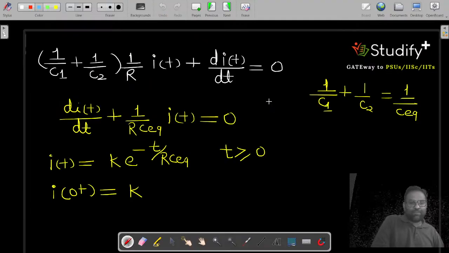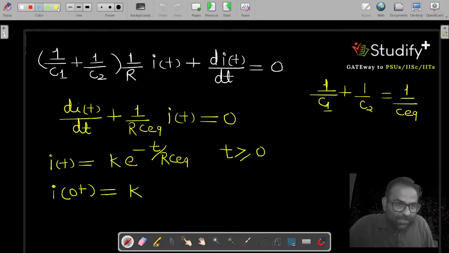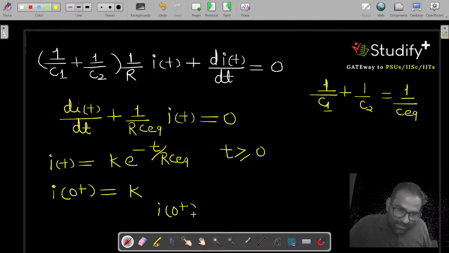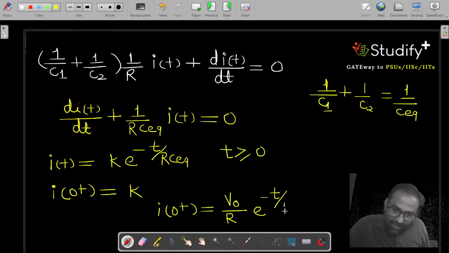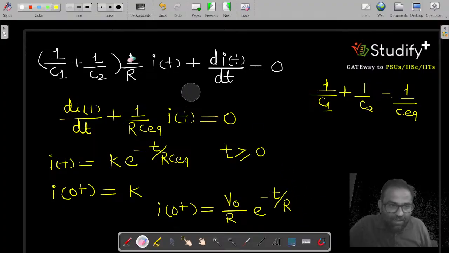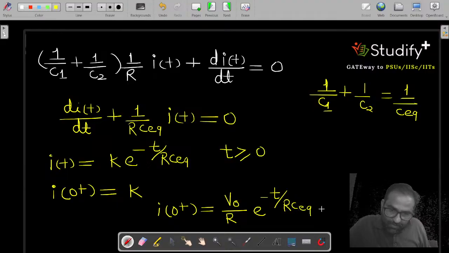When I substitute this value here, can I say the value of I0 plus is equivalent to V naught divided by R into e to the power minus t by R into C equivalent, and this equation is only valid for t greater than or equal to 0.